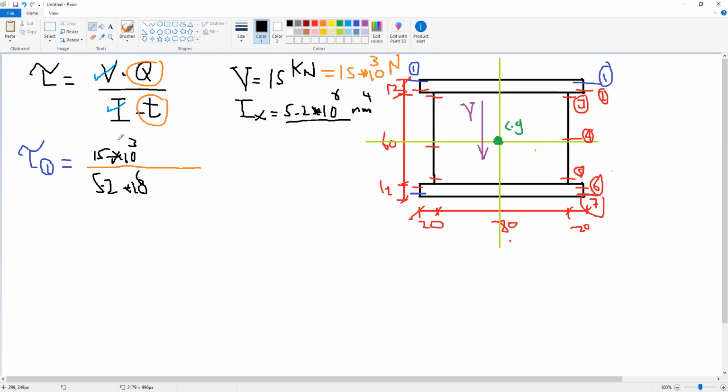These two are constant in all sections. Then how much is the thickness of the section here? The thickness at section 1 is the whole wide section, which is 120 millimeter. So t here is 120.